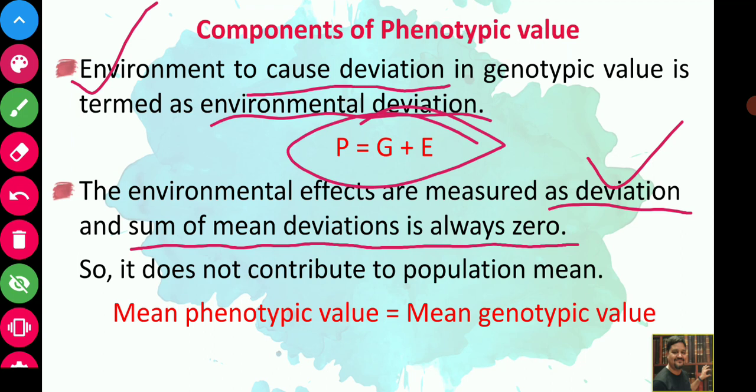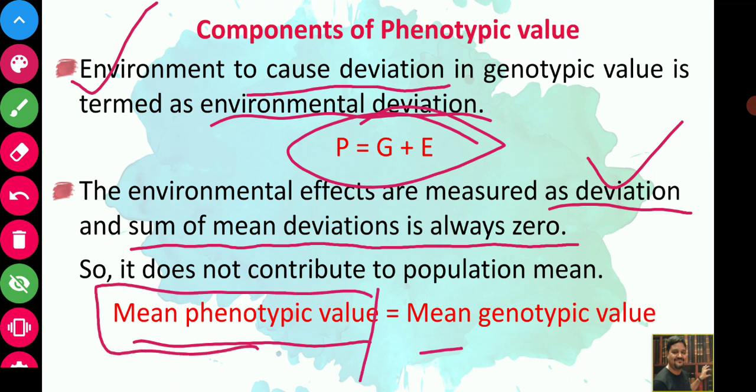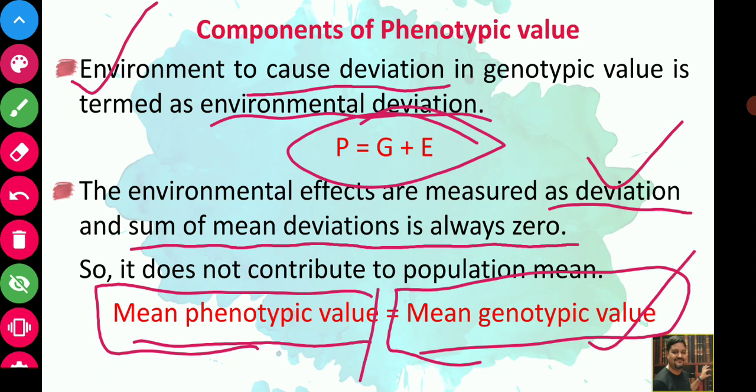So if you want to see the mean phenotypic value, it will always be equal to the mean genotypic value. Why? Because there will be no net environmental deviation. Sometimes it will be on the positive side, sometimes on the negative side, so overall all the plus environmental deviations will be cancelled out by all the minus environmental deviations.